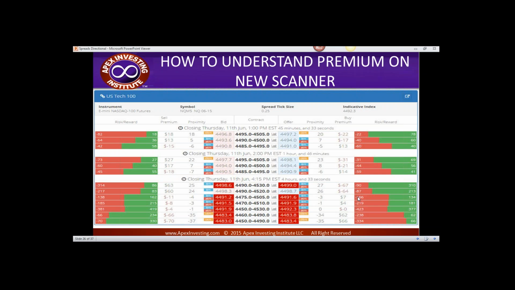If I get into this one and the market doesn't move, what do I lose? Nothing. No, we don't lose 166 because the market didn't move. We got into this thinking the market was going to go up, but it didn't.